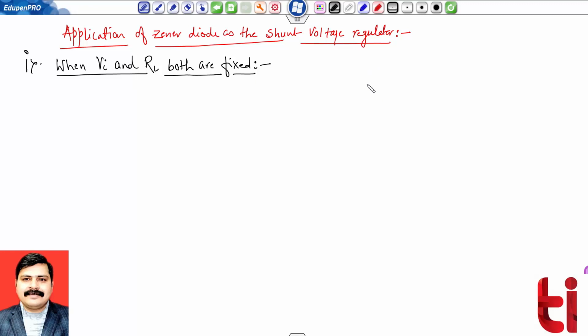Okay, so let us see the circuit first. Here R is my series resistance, this is the load resistance, input voltage Vi, and I have connected a Zener diode parallel to the load resistance.